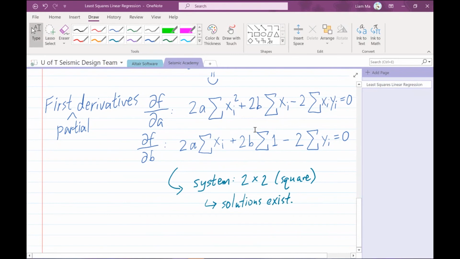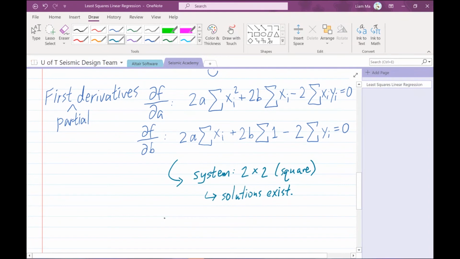And the solutions in matrix form is, let me just get rid of that. It's going to be the sum of x sub i squared, the sum of x sub i, the sum of x sub i, and 1, multiplied by a and b.